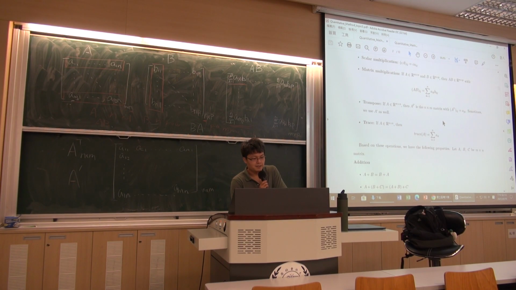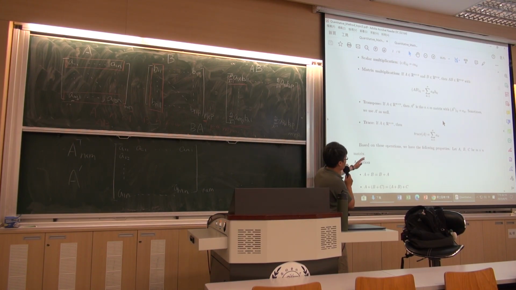And then the trace. Trace only makes sense for an n by n matrix because it's going to add up all the diagonal terms.